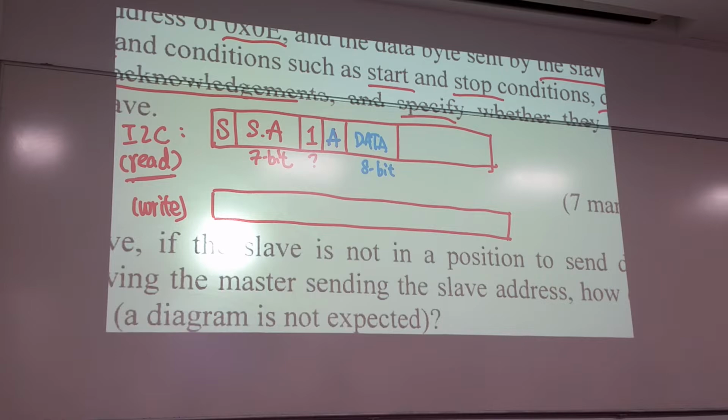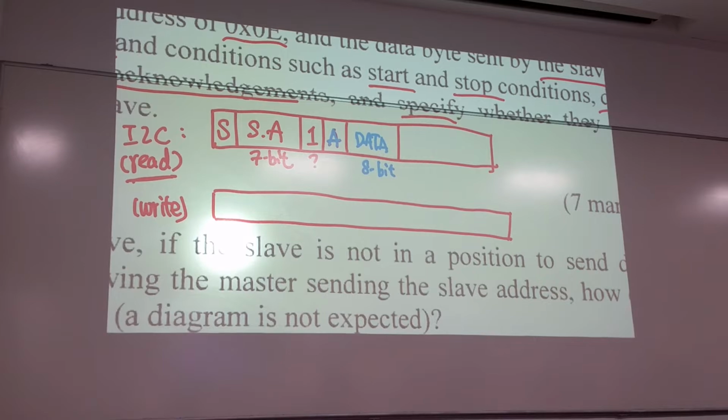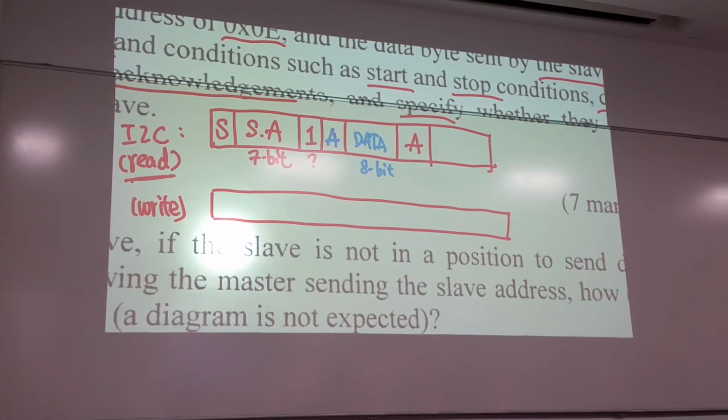The slave sent 1 byte to you, the master processor, so you need to acknowledge whether you have received it or not. There should be an acknowledge sent by the master, meaning the processor has received this byte.